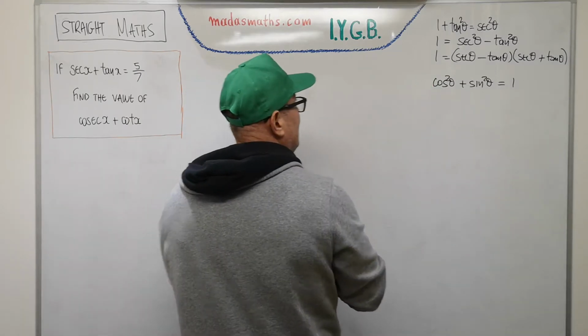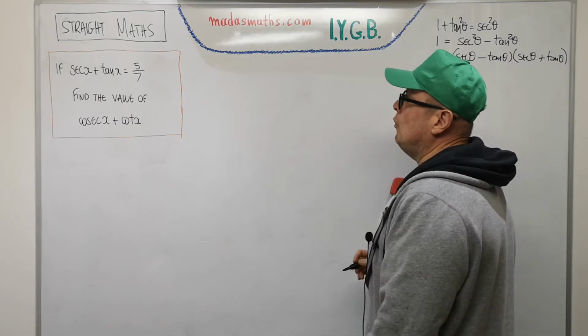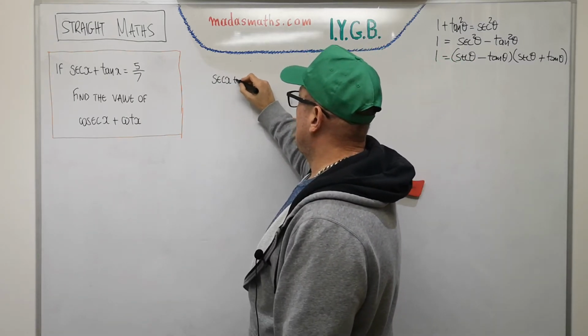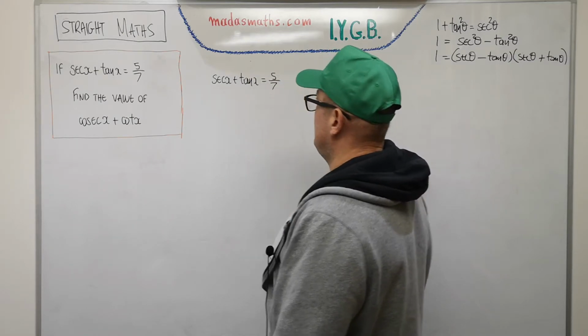So once we are aware of this fact, we can work as follows. The sec of x plus the tan of x is given to be 5/7.